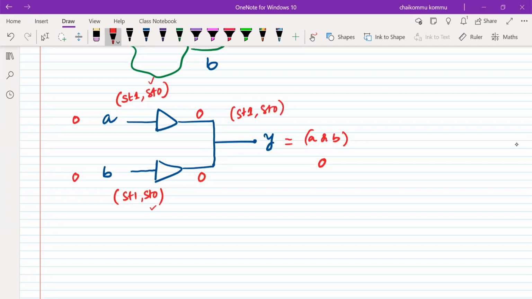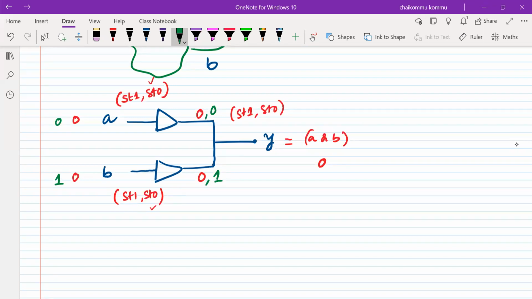Whereas, for example, you consider this is 0 and this is 1. What is happening here? This value becomes 0 and this value becomes 1. Now you see, both have the same strength. Logic 0 has a strong strength, and logic 1 also has the same strength.